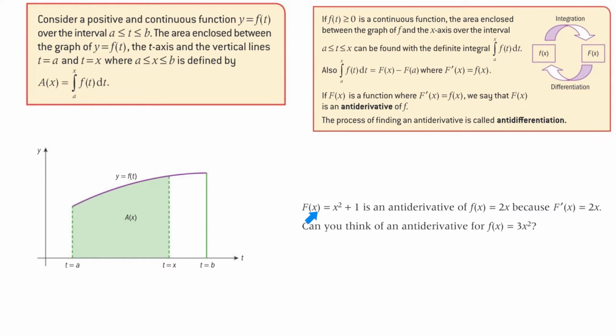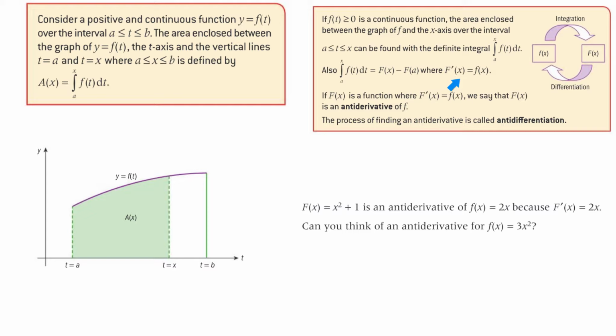This function, the capital F of x, goes in that box, so that'd be x squared plus 1. If you differentiate that, you get 2x. So if this is x squared plus 1 and that is 2x, as represented here, we know that because this function is actually the derivative of this function.